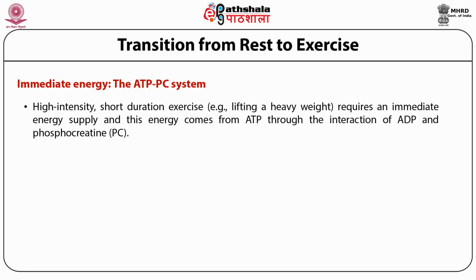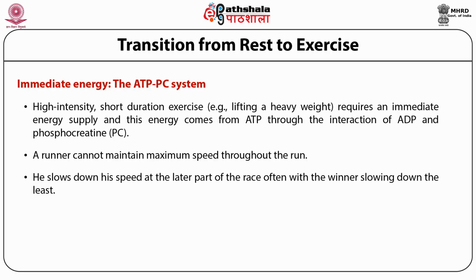Within 20 to 30 seconds of maximal exercise, the quantity of these compounds becomes fully depleted. A runner cannot maintain maximum speed throughout the run. He slows down his speed at the later part of the race, often with the winner slowing down the least. If the continuous energy supply ceases, then high-intensity exercise stops.